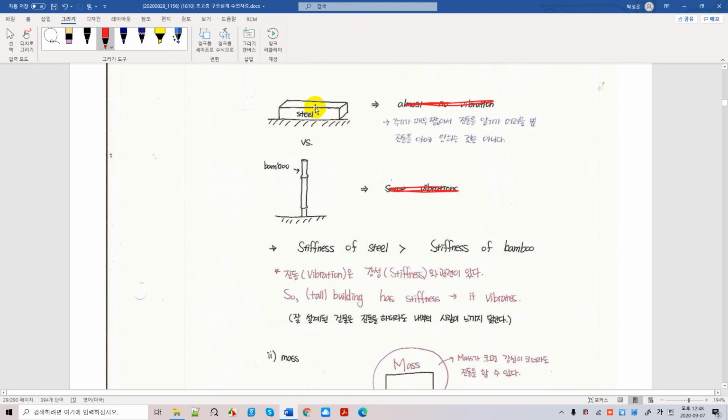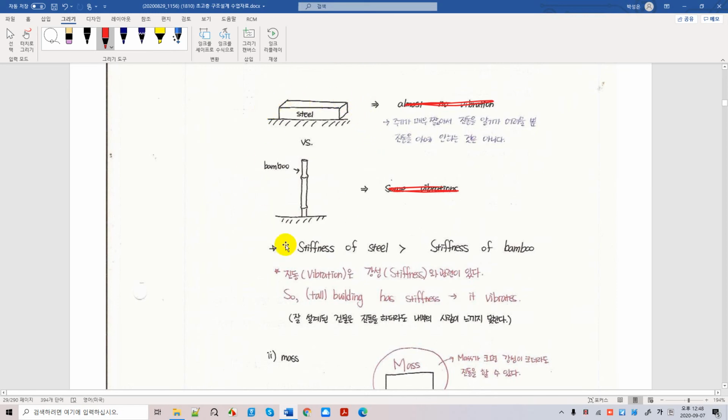Because when you have big stiffness, the vibration will go really fast. You can test at home, right? If you vibrate one which has very high stiffness and one with very low stiffness, the material with low stiffness will vibrate slowly. Okay, so this is what we can understand without introducing mathematics.